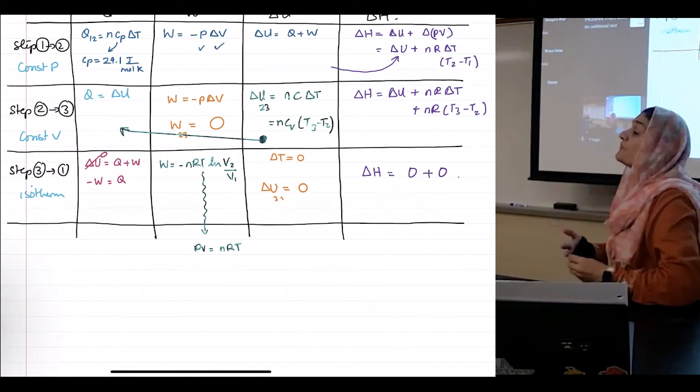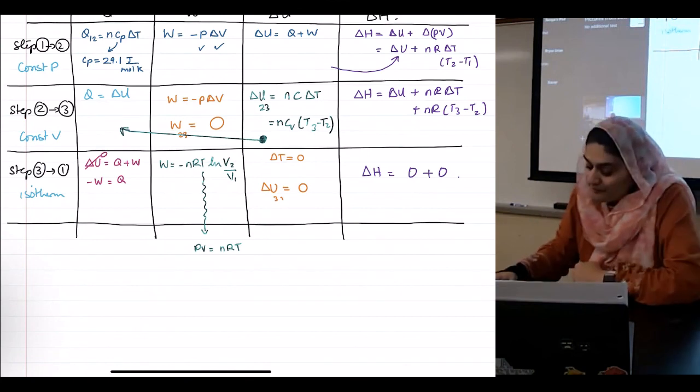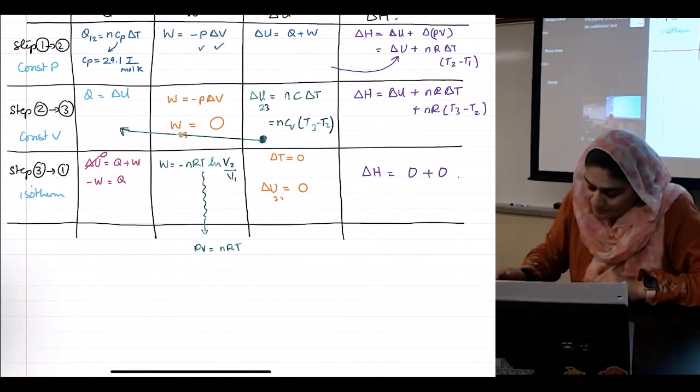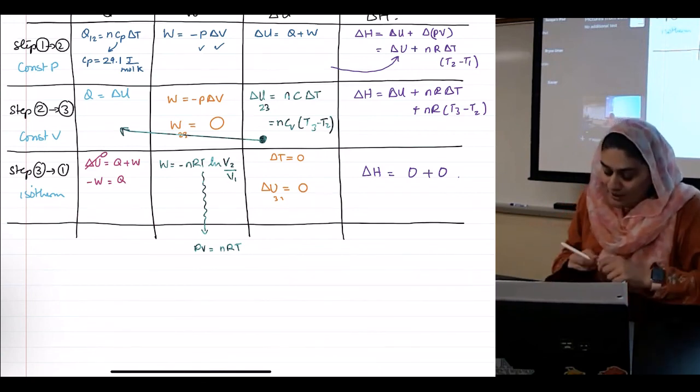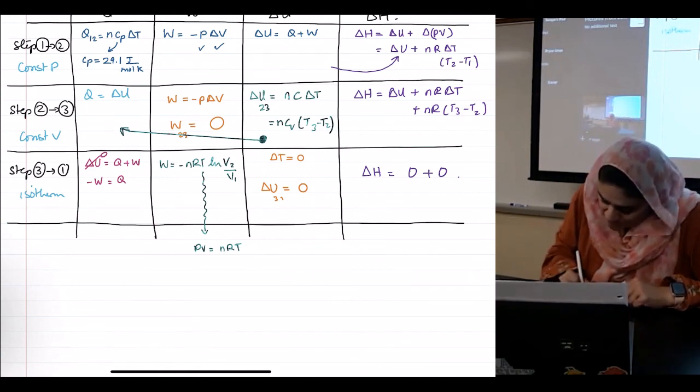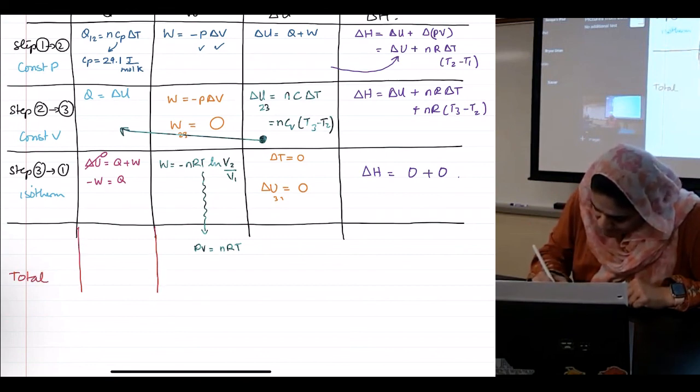Yes. So we calculated Q, W, and T. Wait, say that again? We calculated all of them, but what does it mean by the cycle? So what you will do at the end is you're going to add all the numbers that you get. Perfect question. So total will be, add the numbers for all of them.